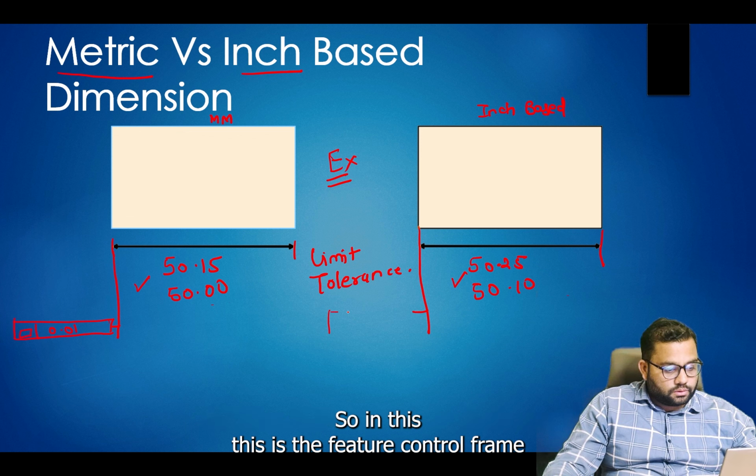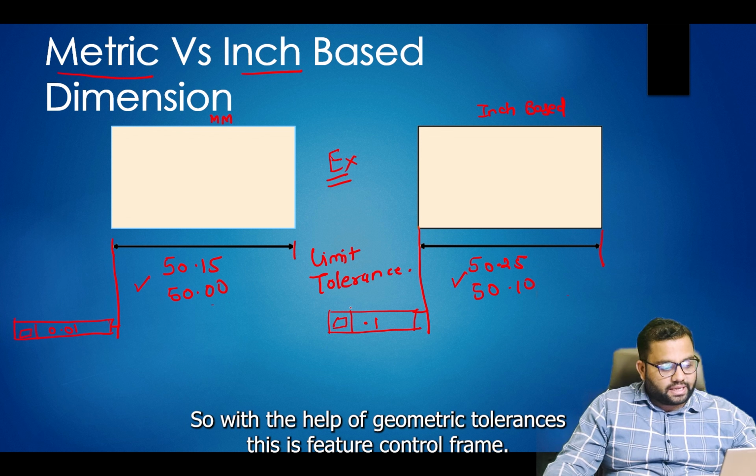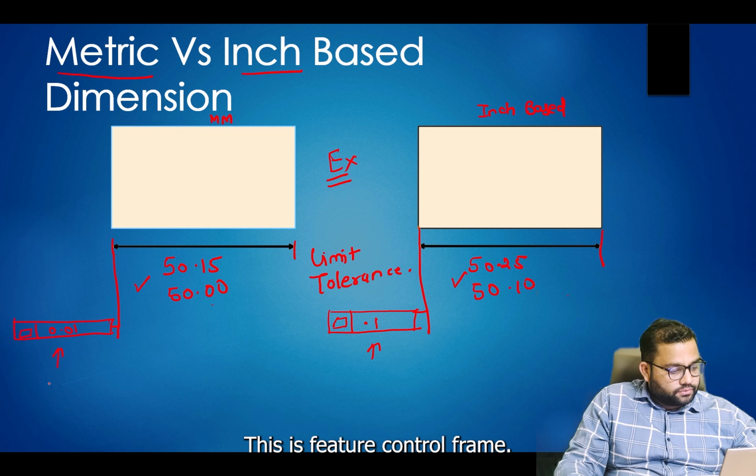Okay, so this is a feature control frame. If it is written 0.1 mm, then with the help of geometric tolerances, this is the feature control frame.